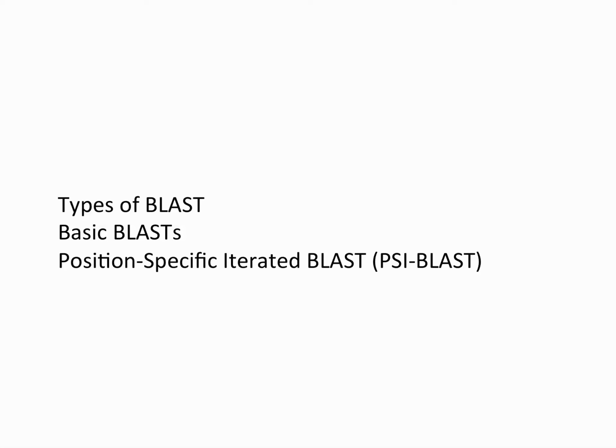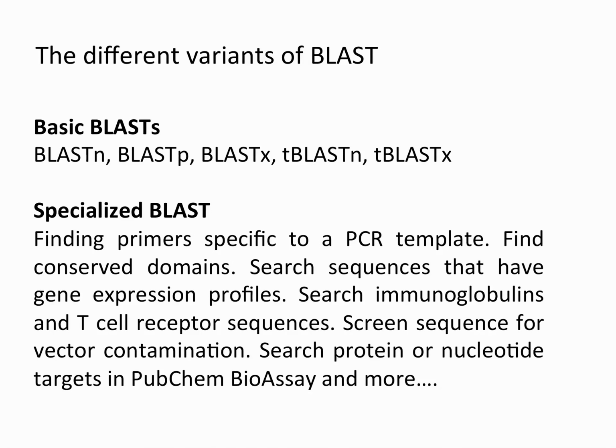We already mentioned that according to the biological problem, we can select several alternatives for a BLAST search. Let's discuss some of them. There are different types of BLAST searches. On one hand, we have the basic BLASTs, with different options for the treatment of the sequence and the database to compare.